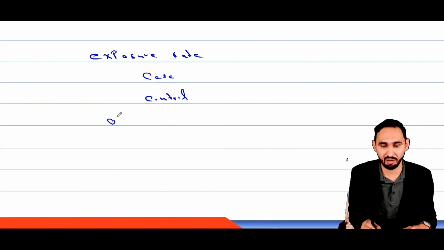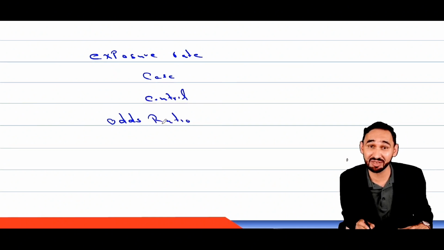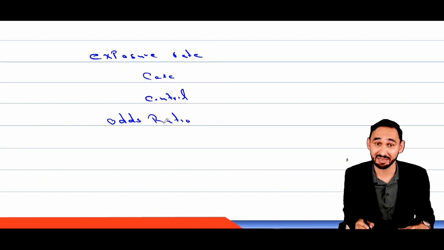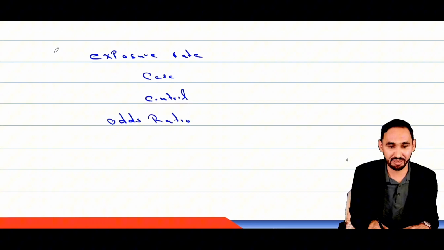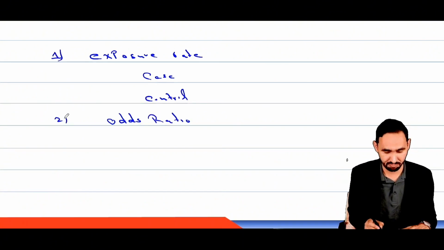Then we will measure the odds ratio. Odds ratio is the strength of association, but an indirect strength of association, because direct strength can be measured by incidence. Incidence can't be measured in a case control study. So we'll measure two things, exposure rate and odds ratio.